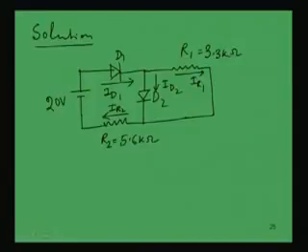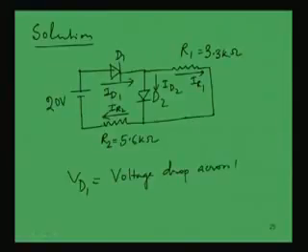So, that means we have the current flowing in this diode also, this diode also. So, for that we have to now find out what will be the current. Now, the voltage drop across D1, say VD1, across the D1 diode, in the constant voltage drop model, is 0.7 volt.